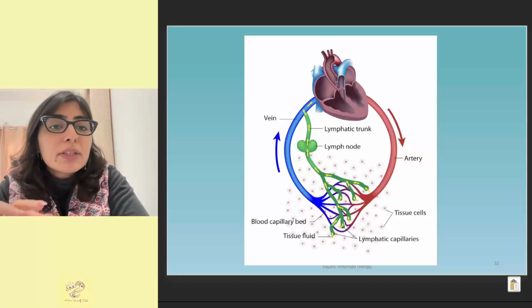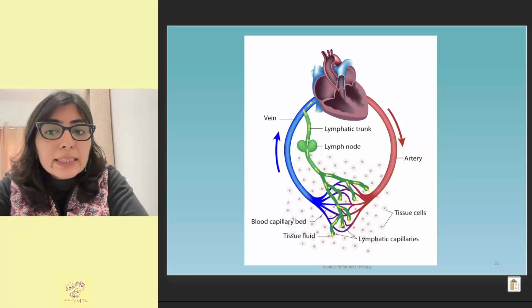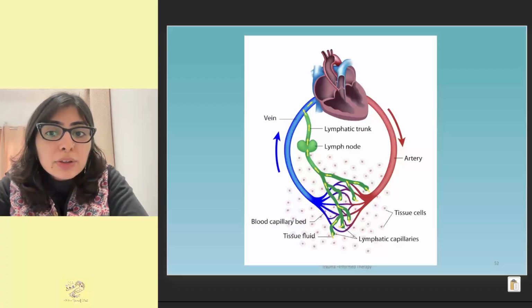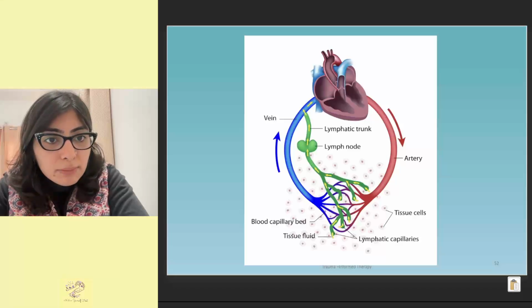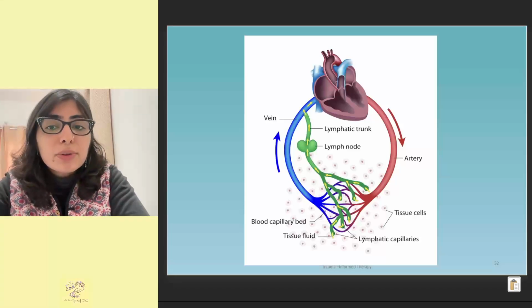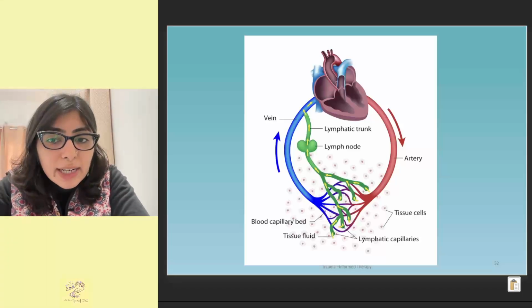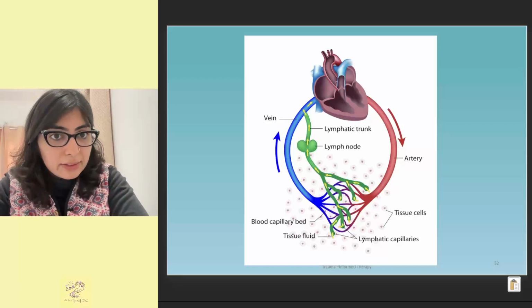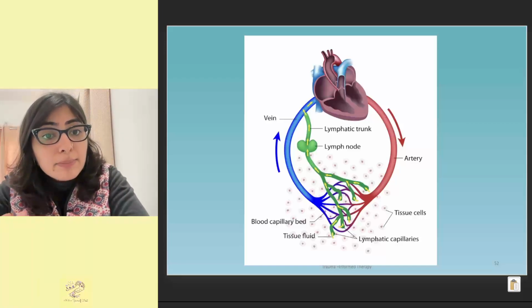This is the role of the green part: to clean or take the leftover waste tissue fluid back to its original place. Okay, so in a way, the lymphatic system is a subsystem of the circulatory system. It is helping the circulatory system in the background.